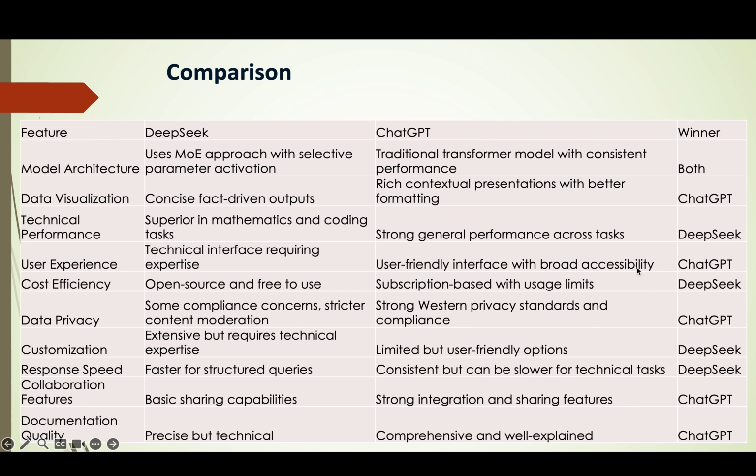Then going in detail, comparing DeepSeek and ChatGPT. Model architecture perspective: DeepSeek uses MoE, mixture of experts approach with selective parameter activation. ChatGPT is traditionally a transformer model with consistent performance.